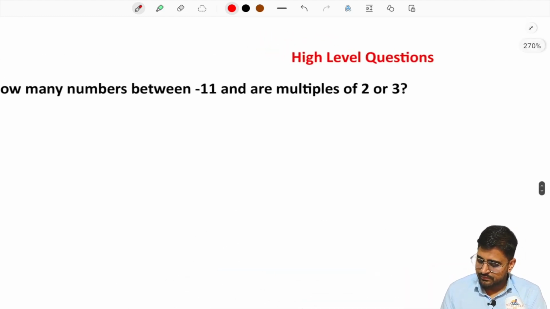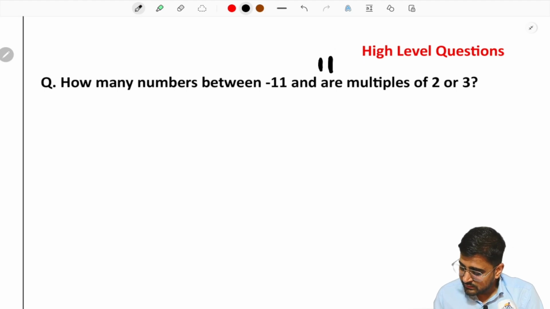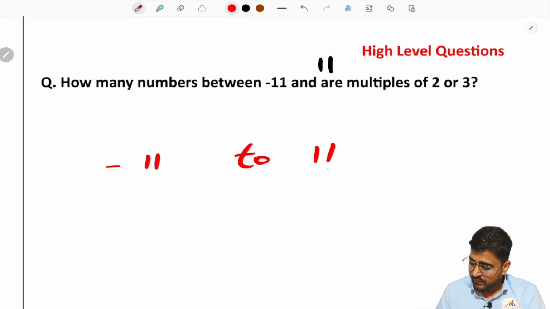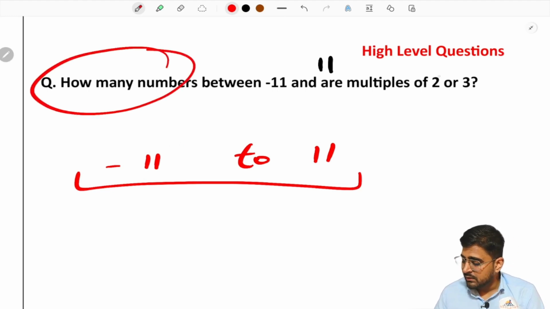So let's start the question itself. How many numbers between minus 11 and 11, minus 11 to 11, okay, are multiples of 2 or 3? Basically the question is saying that we have a range minus 11 to 11, and we have to find how many numbers are there which are multiples of 2 or 3. It's not saying 2 and 3.